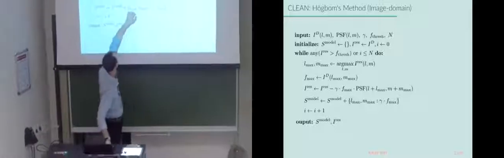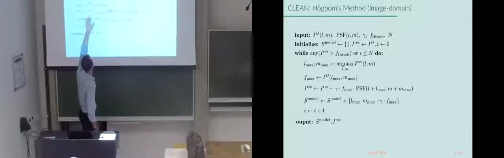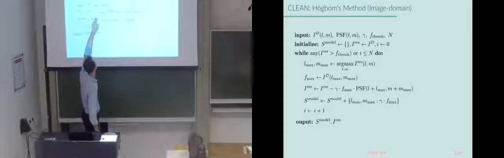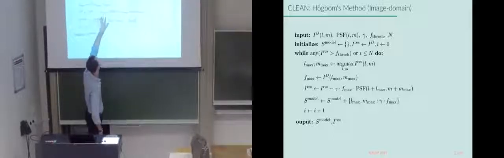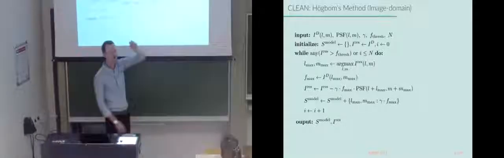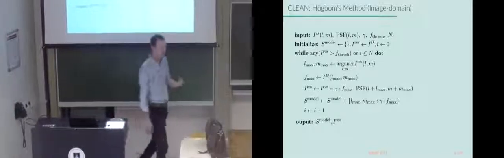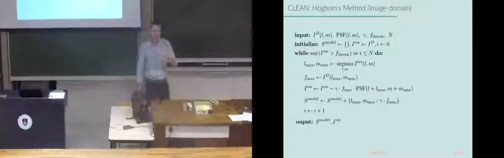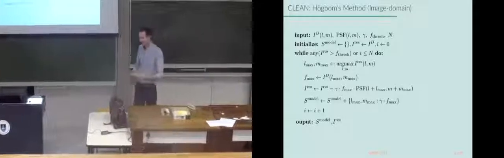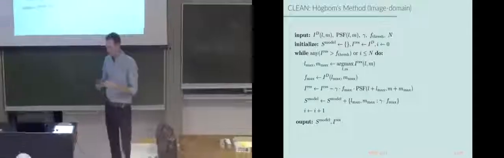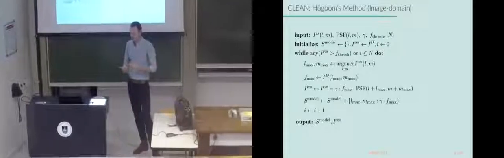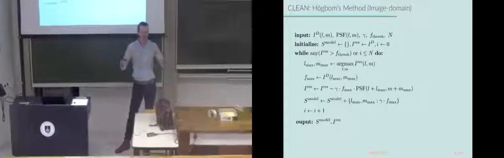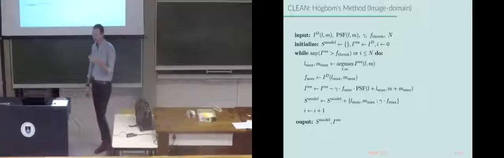This is really the important line here: we update the residual image, subtracting from the previous residual image some amount of flux multiplied by this gain function, multiplied by the PSF centered at that position. What that does is subtract off a little portion of the PSF. When I say a little portion, I mean a little portion in terms of amplitude. It subtracts off the entire PSF scaled by a small amount of flux.